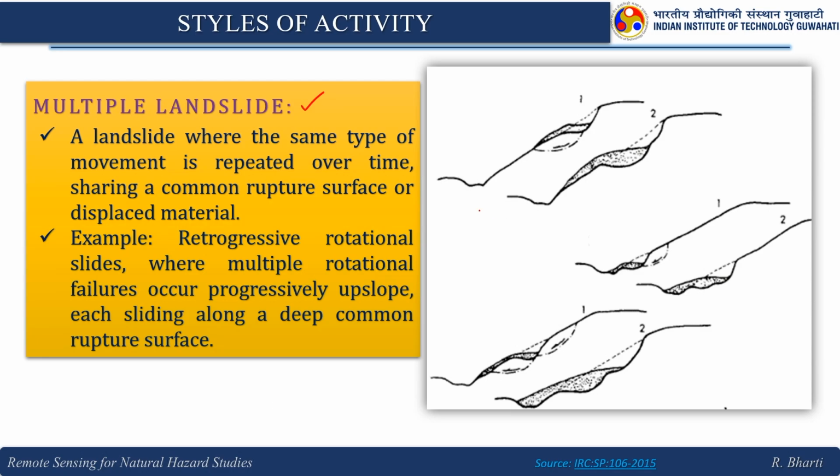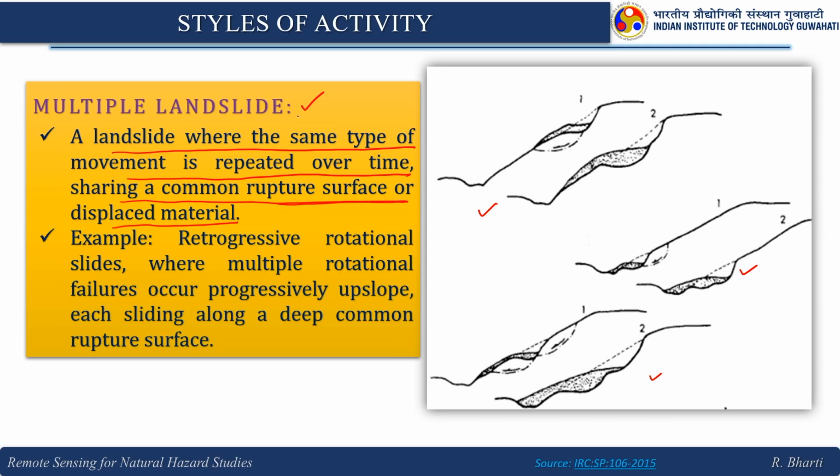Then comes the multiple landslides. So, here this is the case. A landslide where the same type of movement is repeated over time, sharing a common rupture surface or displaced material. In the previous case, they were not sharing the same rupture surface, right? They were different. Here, sharing a common rupture surface, that is important.